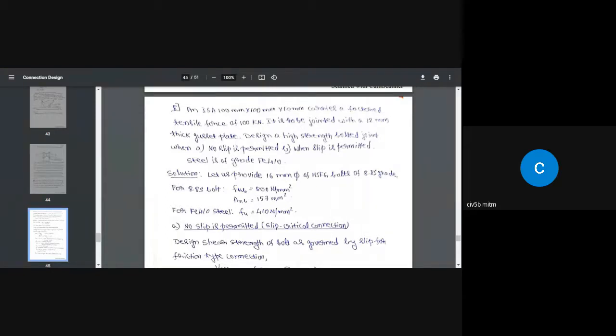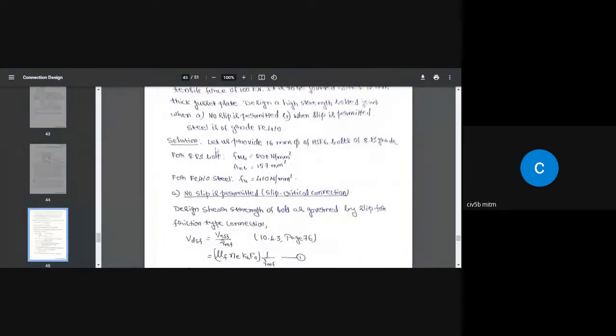So you cannot use 4.6 black bolts in this case, only high strength bolts. So here, let us provide 16 millimeter diameter HSFG bolts, that is high strength friction grip bolts, of grade 8.8S. 8.8S means take the first 8, multiply that value by 100 to get the FUB value, which is the ultimate tensile strength of the bolt.